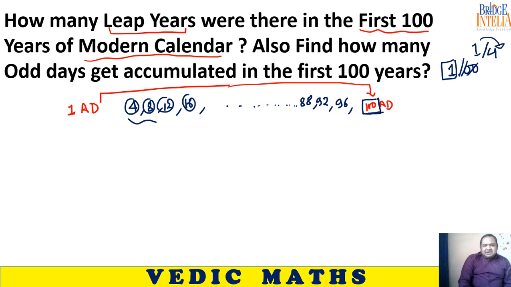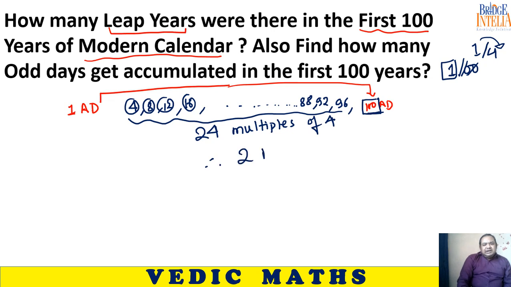From here to here, there are only 24 multiples of 4 that can be counted. Therefore, 24 leap years are there in the first 100 years of the calendar's history. 24 leap years, and not 25, because 100 AD cannot be considered. So only 24 leap years.